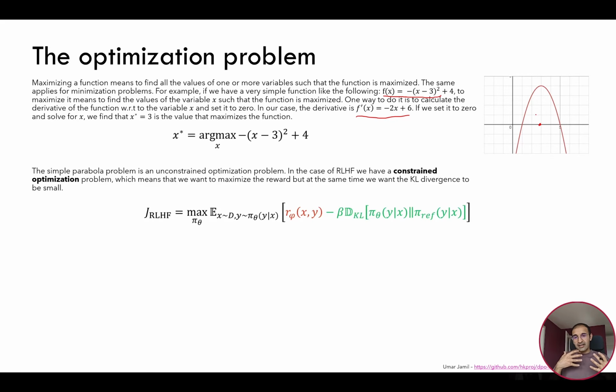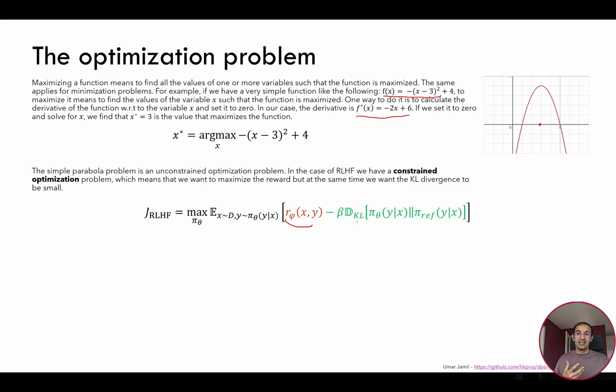Now the objective function that we saw before, in which we want to maximize a reward, but at the same time we want the language model to not be too much different from the unaligned language model, so the language model that is not aligned through reinforcement learning from human feedback or DPO, is called a constrained optimization problem, because we want to maximize the reward, but at the same time we want to put some constraint on this objective function.